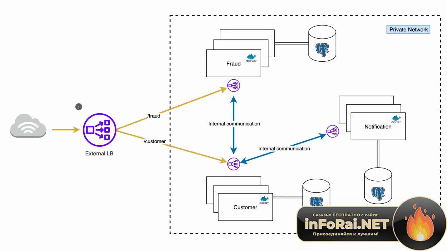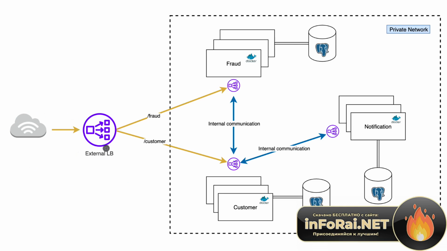To fully understand this, let's take our architecture that we currently have and introduce load balancers so you see how it works. In here, this is my private network. And what I have is an external load balancer. This external load balancer is the main entry point for any client that wants to connect to your applications.